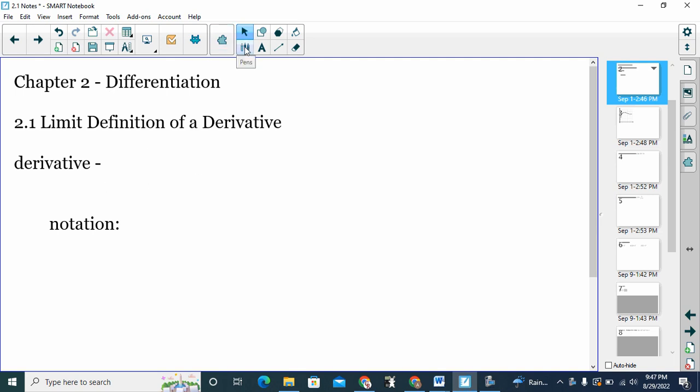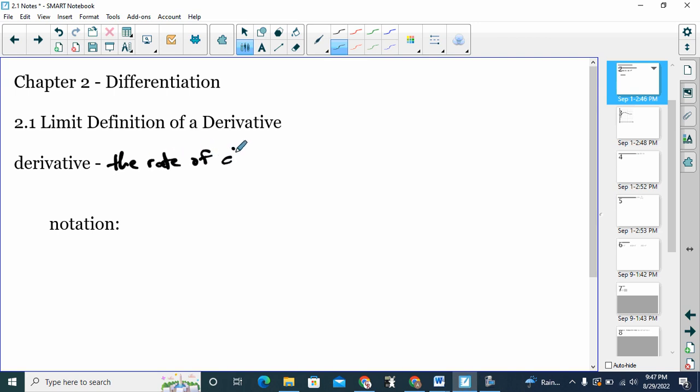So first of all, a derivative is the rate at which a function changes. The rate of change of a function, which sounds very similar to the definition of a slope of a line, the rate of change of a function.